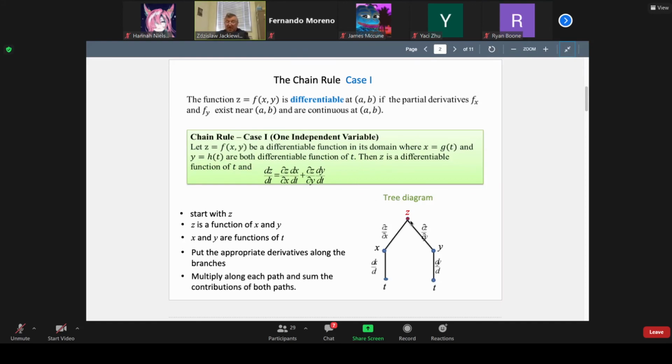You see here, to compute dz over dt, you go this way, d over dx, and then dx over dt, plus d over dy, dy over dt. You have to exhaust all the branches. So that's the graphical interpretation of this formula.